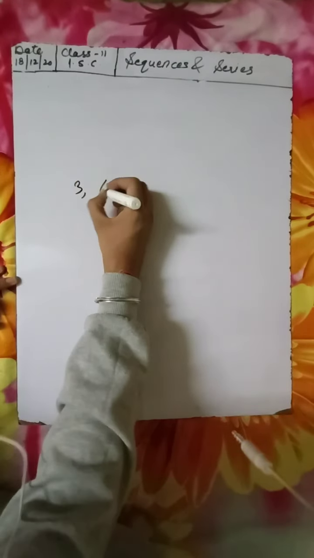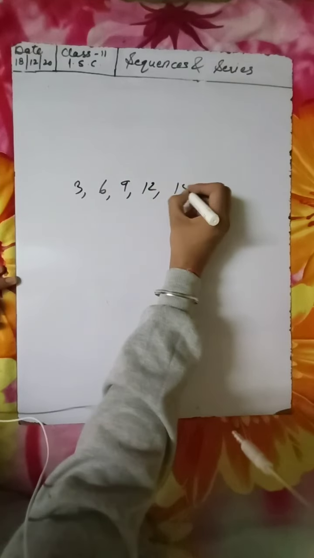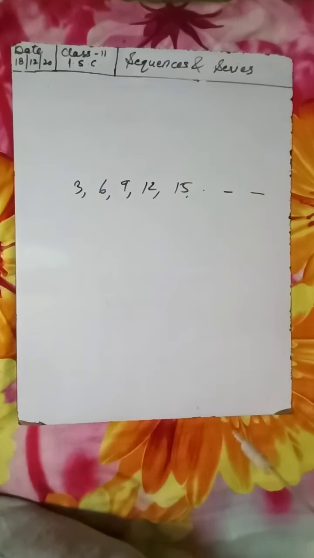So, for example, if I'm writing 3, 6, 9, 12, 15, and so on, is it an arithmetic progression? By your knowledge of arithmetic progression, you can say that yes, this is an arithmetic progression. And why? Because there is a common difference of 3 between two consecutive numbers, all right?